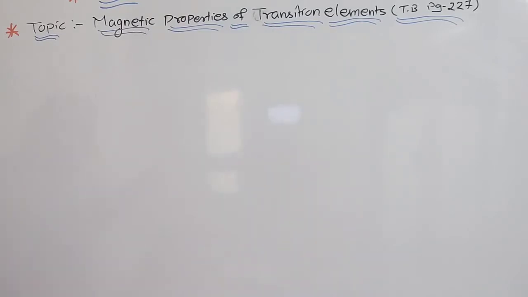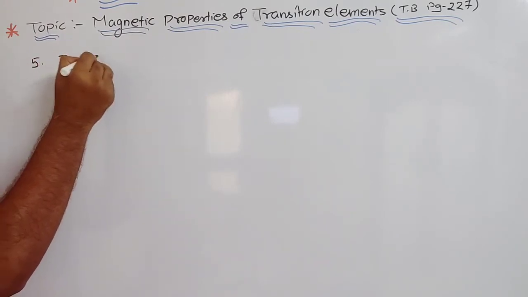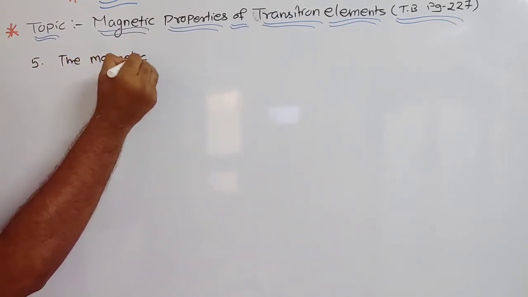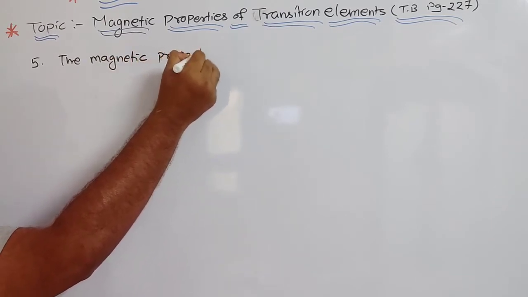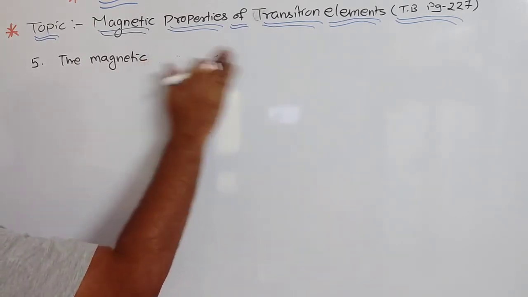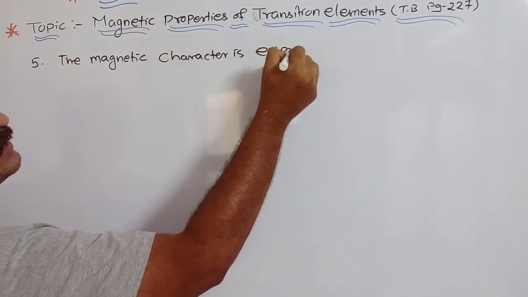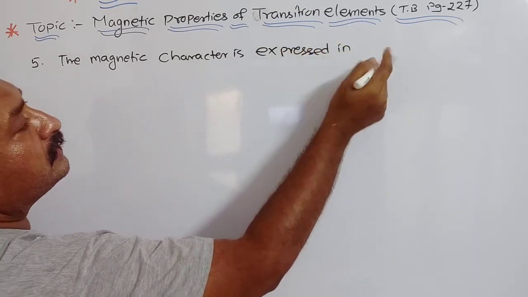Now, point number 5: the magnetic character or property is expressed in terms of the magnetic moment.